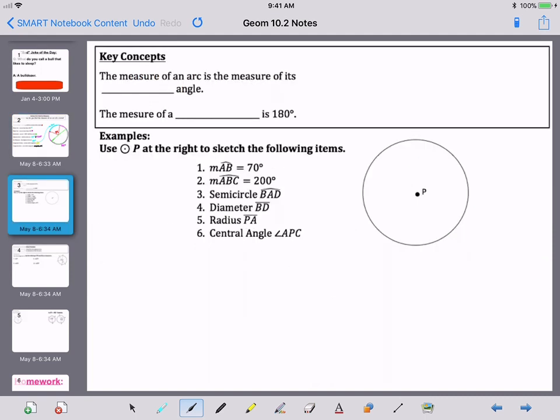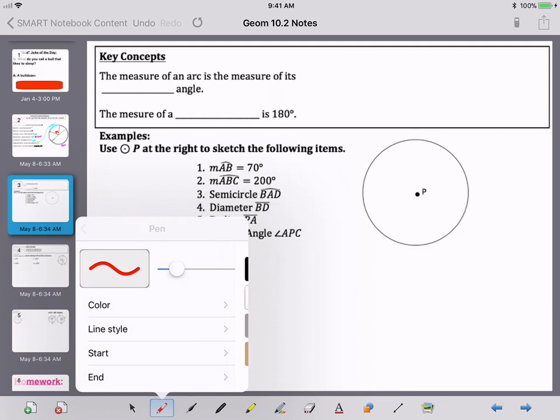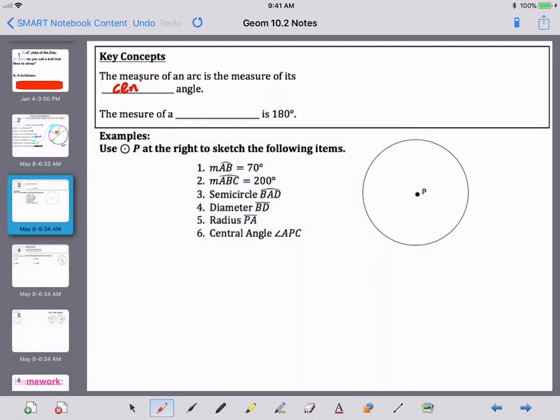Okay, so our first main idea of this lesson is that the measure of an arc is simply the measure of its central angle. And we mentioned this earlier, but the measure of a semicircle is always 180 degrees. We're going to use those two ideas in the next few examples below.